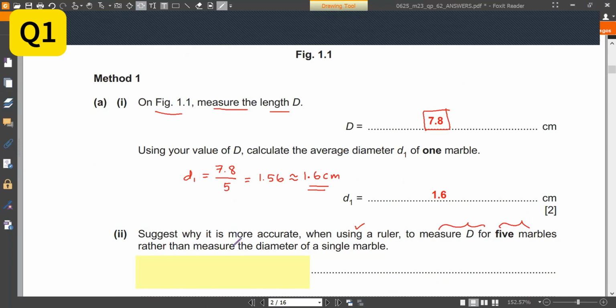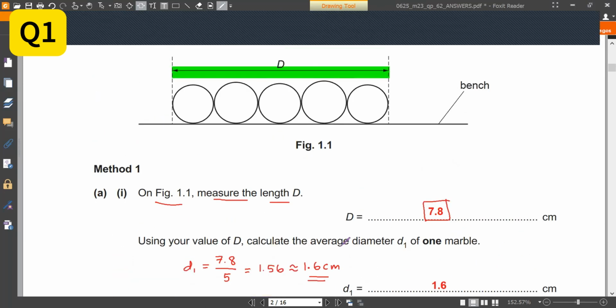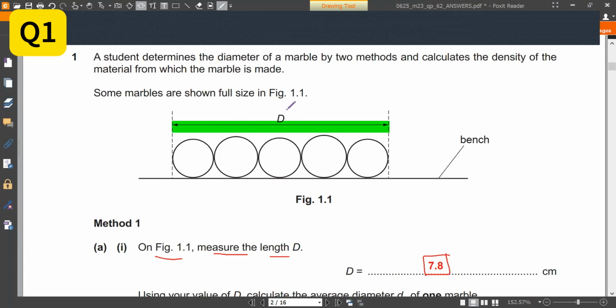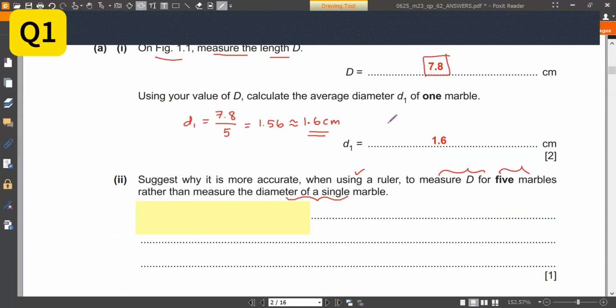Okay, next question. Suggest why it is more accurate when using a ruler to measure the diameter for 5 marbles rather than measure the diameter of a single marble. So we are measuring the total distance of 5 marbles and then dividing by 5 instead of just measuring one marble. Why is it better to measure 5 marbles at a time?